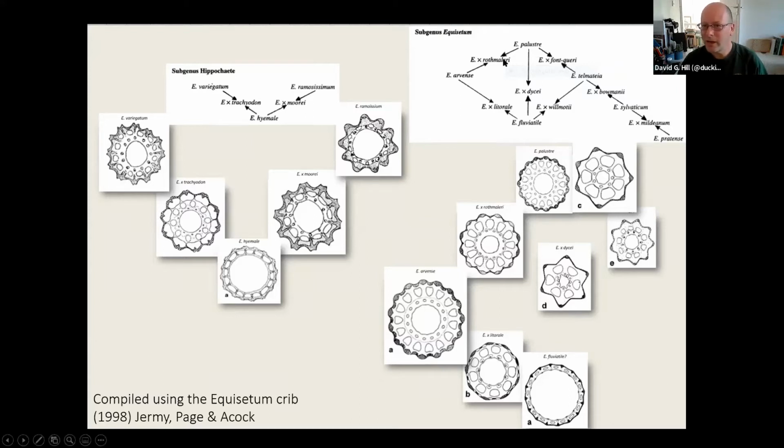All the ones on the right have the vegetative cone, so subgenus Equisetum, and they can all hybridize with each other, which makes life really interesting. Whereas the ones on the left, Variegatum, Hyemale and Ramosissimum, again, they can hybridize with each other, but their cones are usually on the top of the green plant.